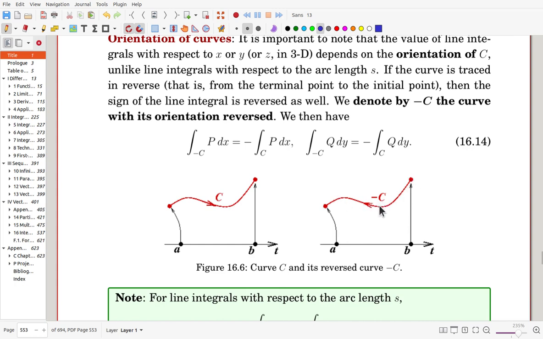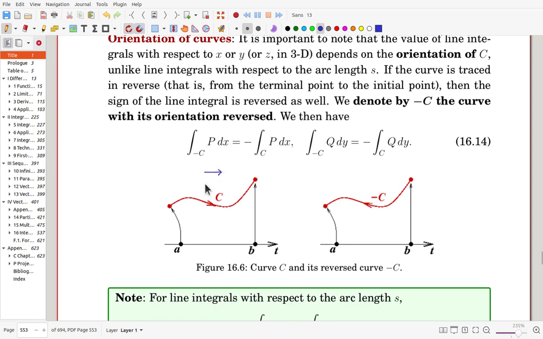Then we call the curve minus C. So once you try to get the line integral with the reverse orientation, then here we have the negation of the original integral.